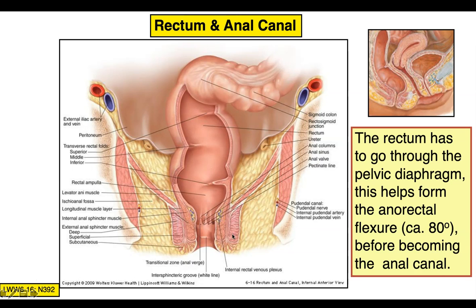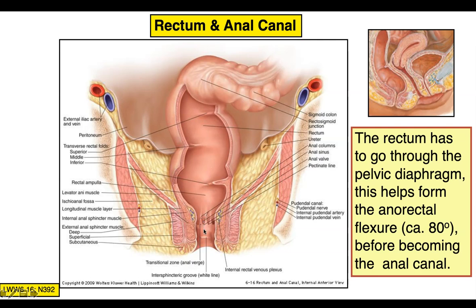This sling-like levator ani muscle helps in maintaining this anorectal flexure, or the bending in between the rectum and the anal canal.